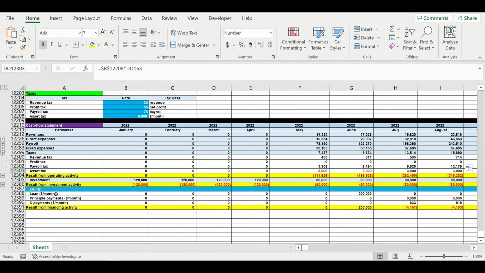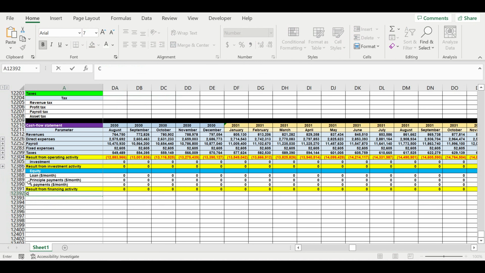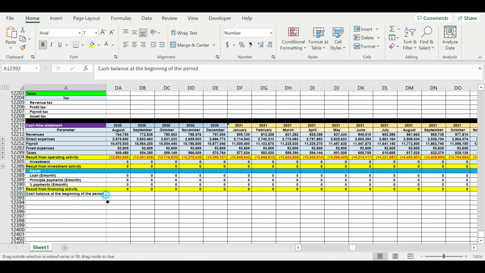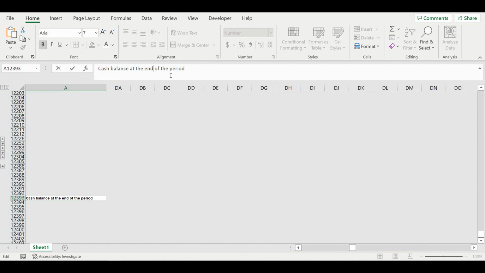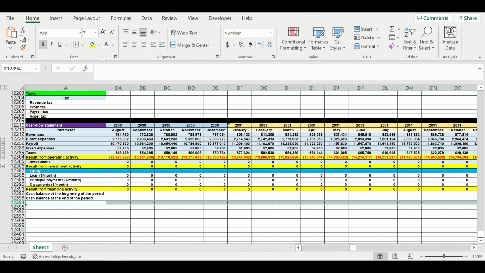So now we are taking the cash balance at the beginning of the period, and the cash balance at the end of the period. This is the end of the cash flow statement.